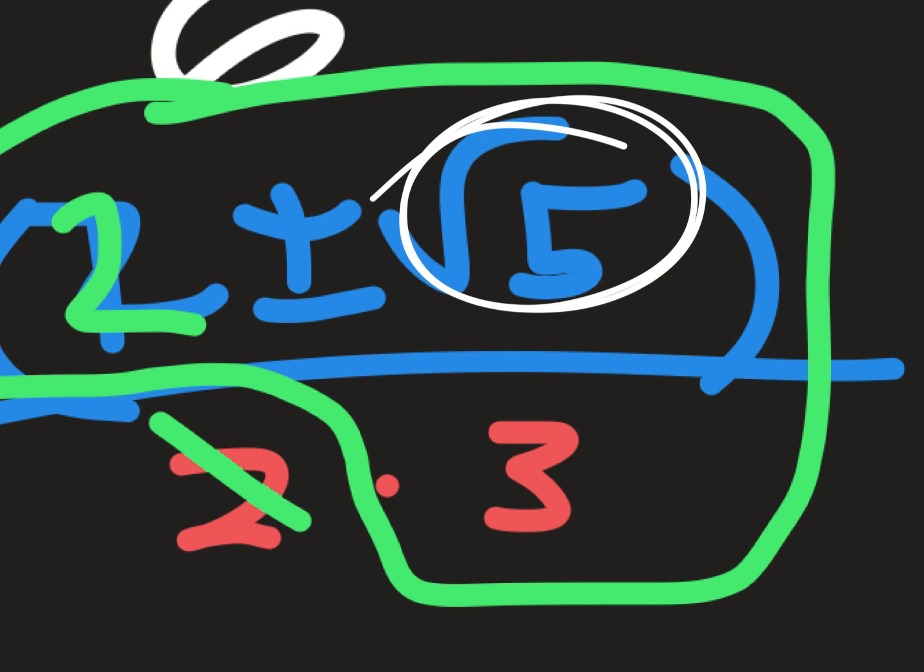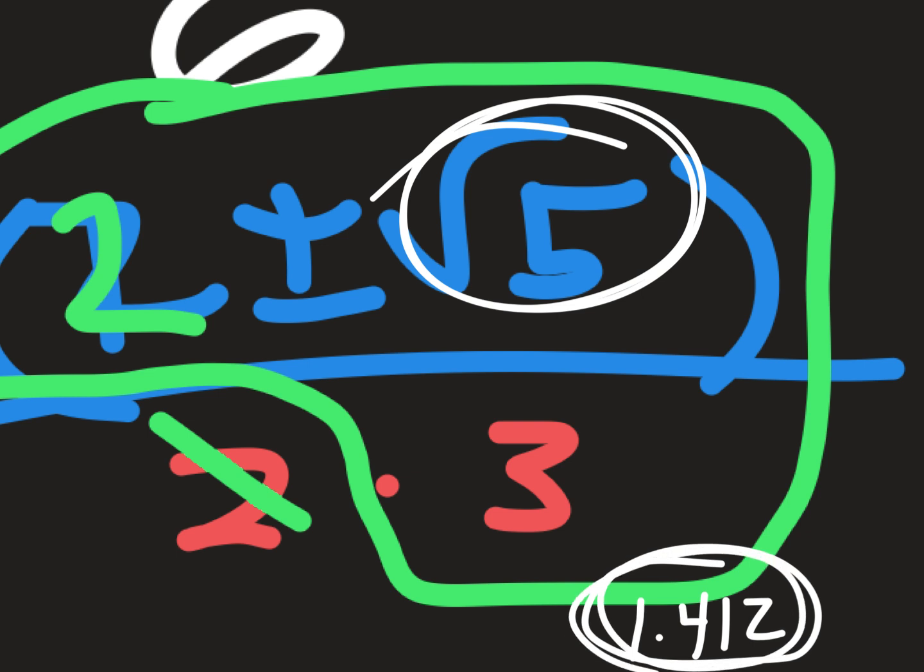All right. So I'm going to actually do it. What is 2 plus the square root of 5? What is 4.236 divided by 3? 1.412. Within rounding, you know, you may have rounded differently. Did anybody get that? Okay, awesome.